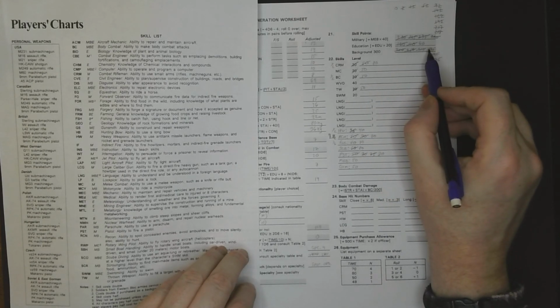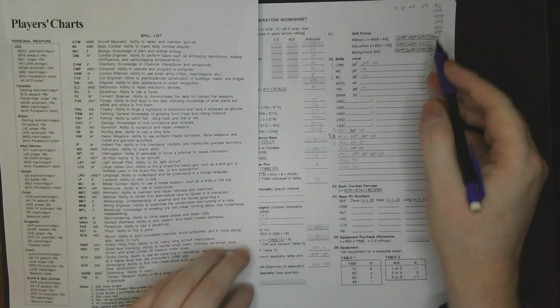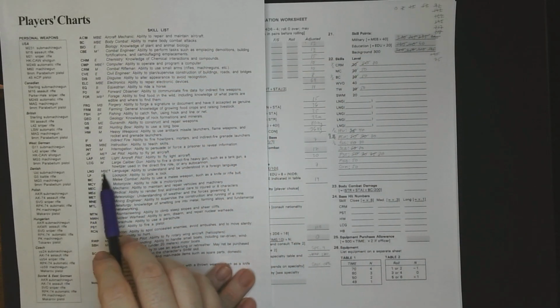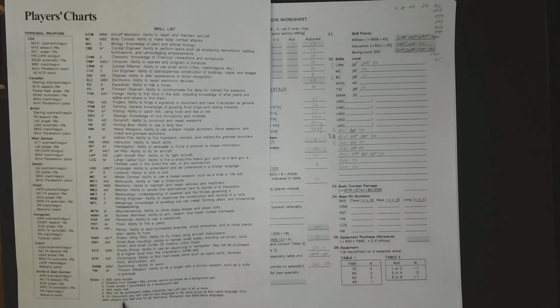I've got 60 education left and 75 background. Actually, here's one we haven't done yet. Let's take a language. That can use anything, military, background, or education. The rule is all characters pay half cost for any language in the same group as their native language.